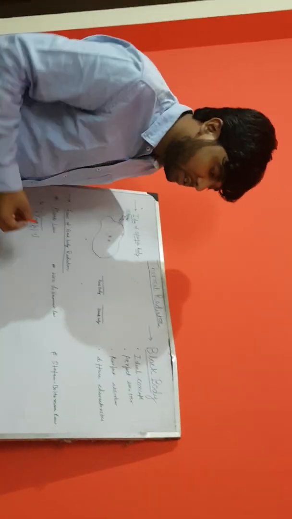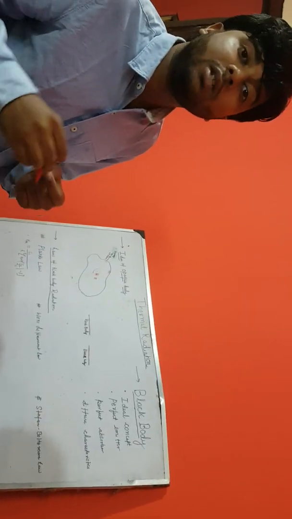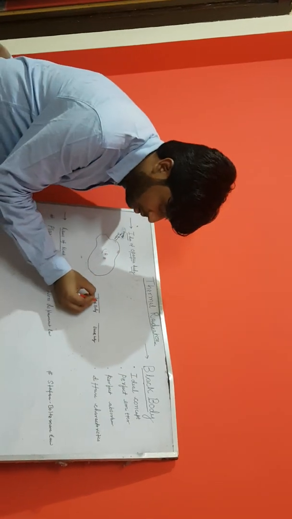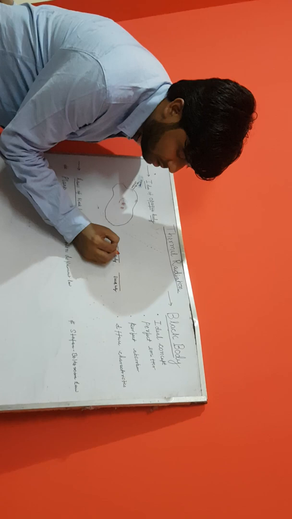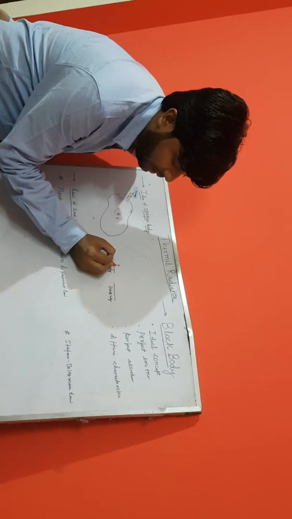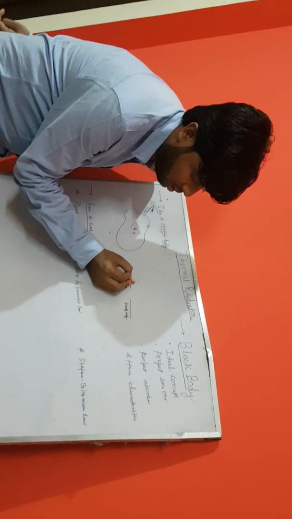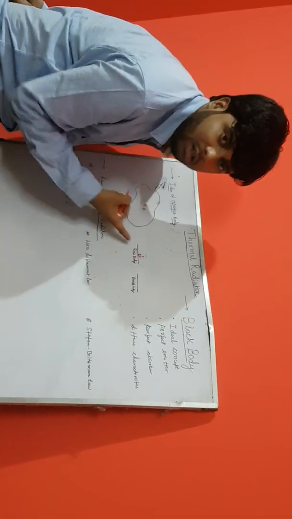Diffuse characteristics for the black body means the emission is independent of direction. I can show you like this. Suppose there is a real body, not a black body. In this, the emission takes place like this, which means it depends on the direction. All the energy emission is taking place in this direction.